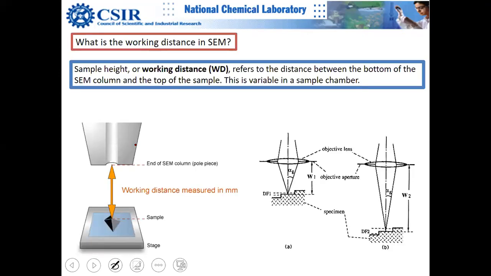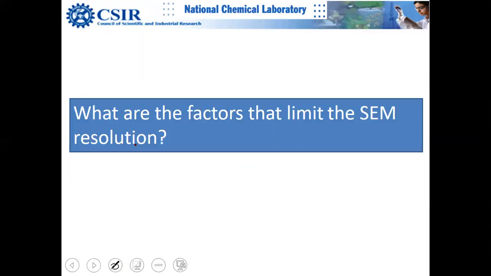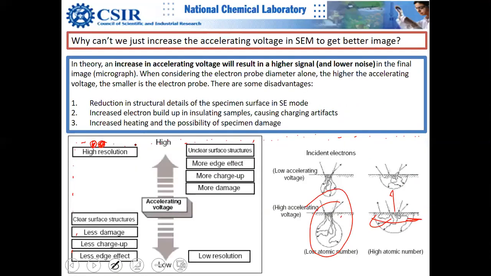Sir, you said that for polymer samples we require lower voltages. Why is this required? And sir, is there any effect of the polarity of the sample on the voltage? Polarity, no, there won't be much.